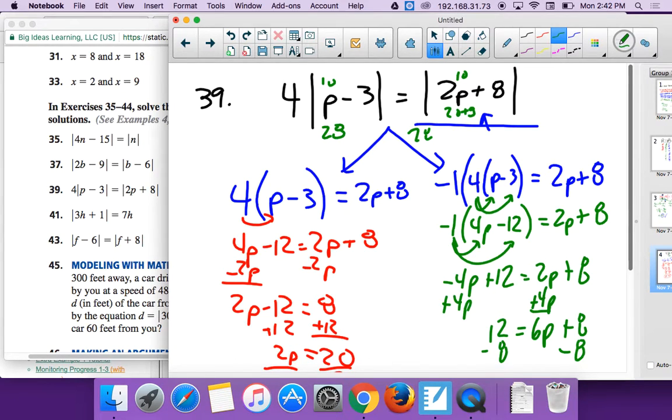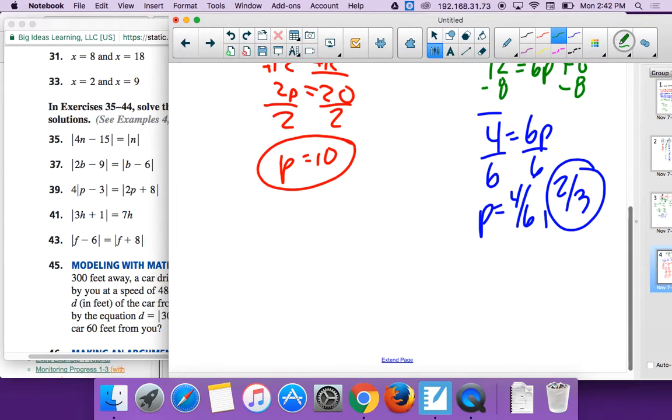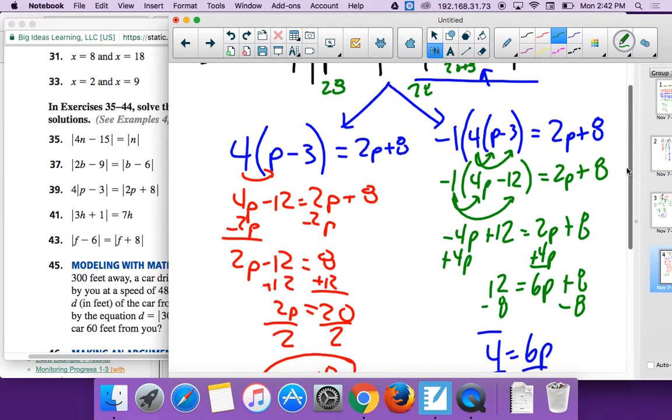Let's go down to the bottom and do this one. 4 times the absolute value of p minus 3 equals 2p plus 8.